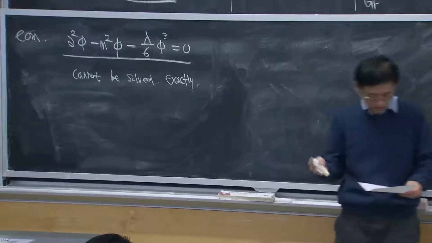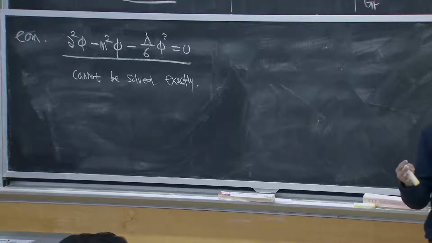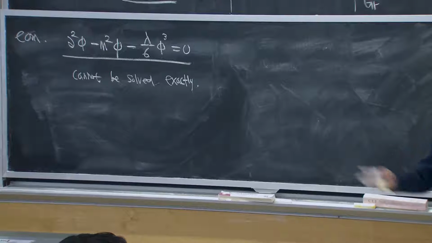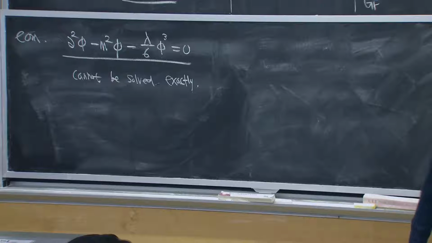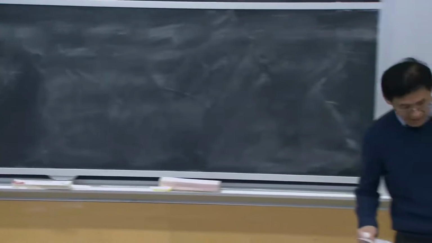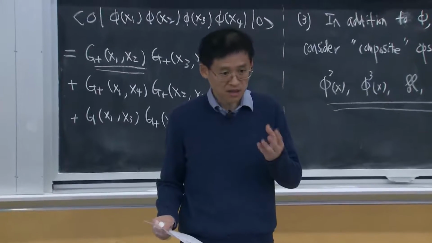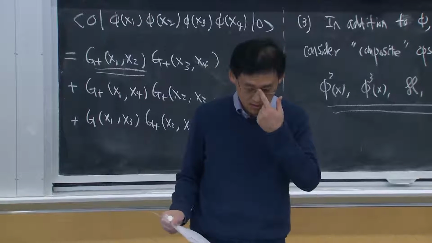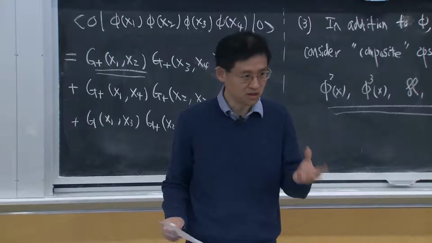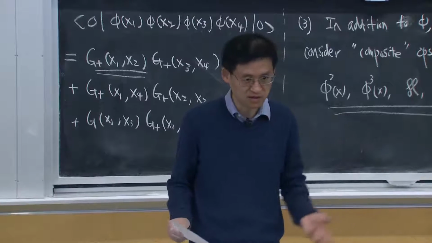But before that, let me make some general remarks which apply to general interacting theories, of which this is just one example. Actually figuring out interactions from experiments is one of the main tasks of particle physics and many areas of condensed matter physics.